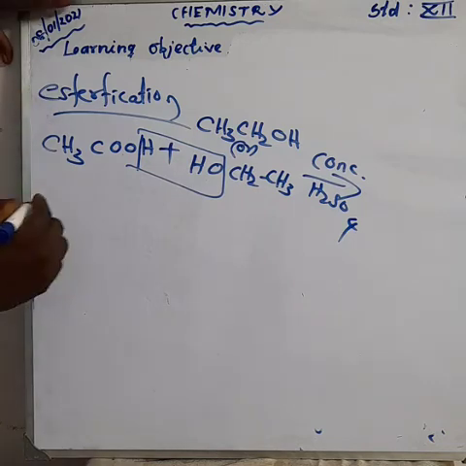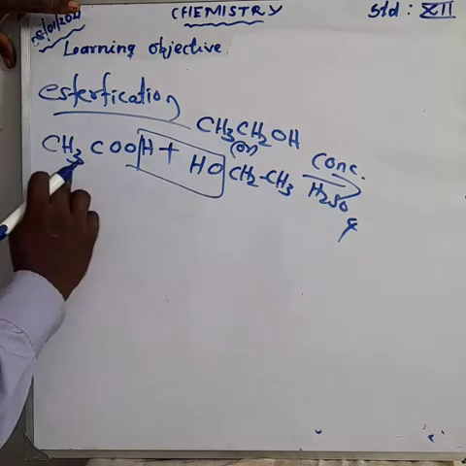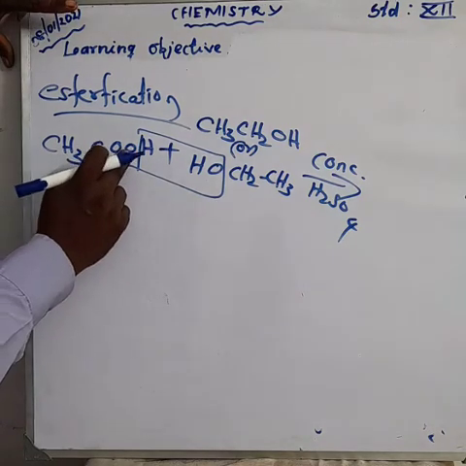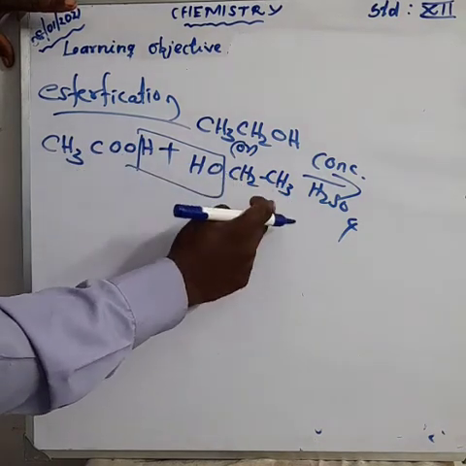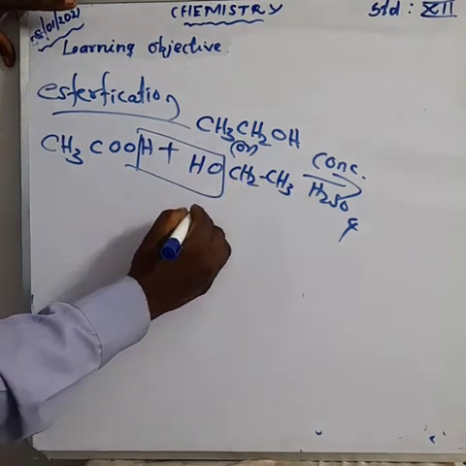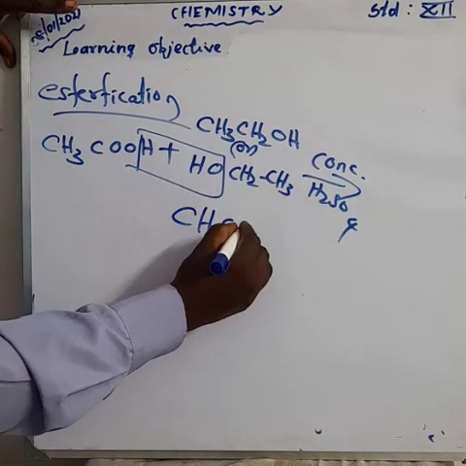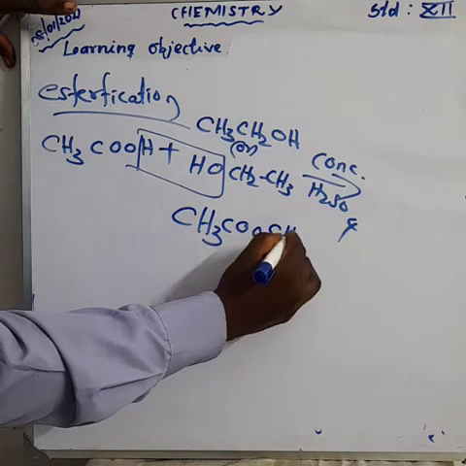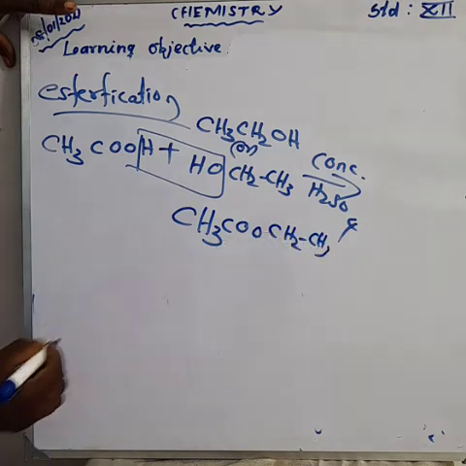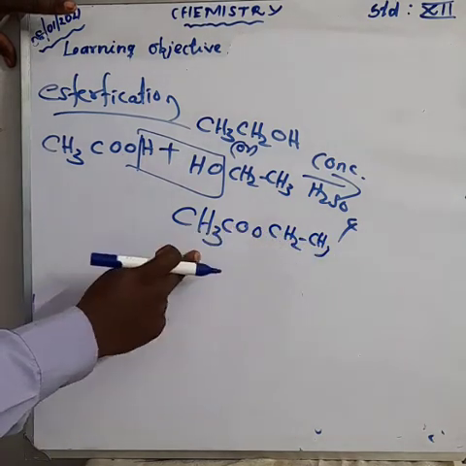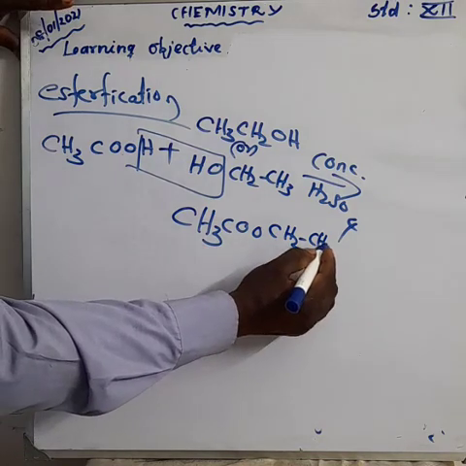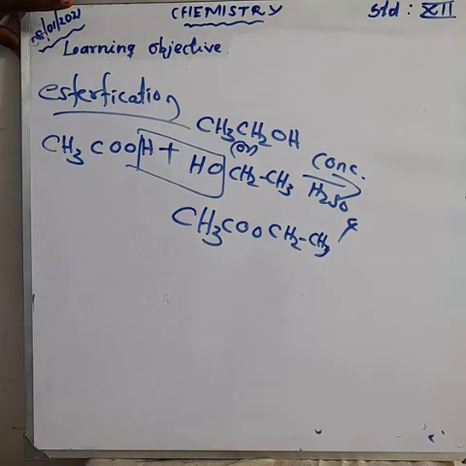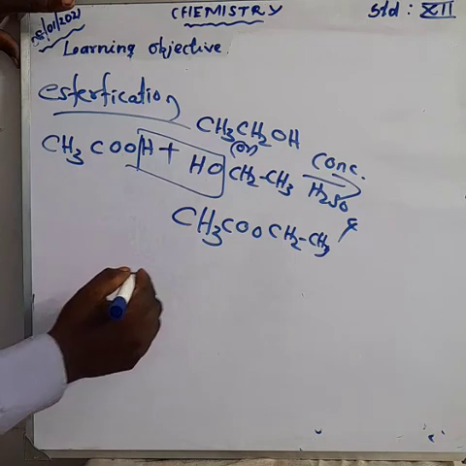What's the remaining product? CH3COOC2H5, or CH3COOCH2CH3. The name of the compound is ethyl ethanoate, otherwise ethyl acetate.